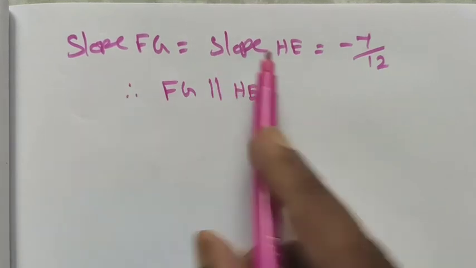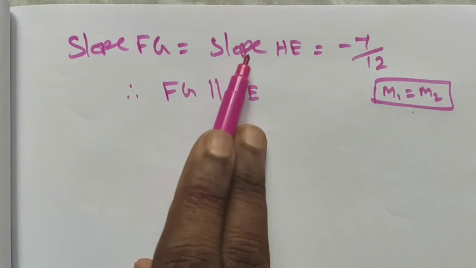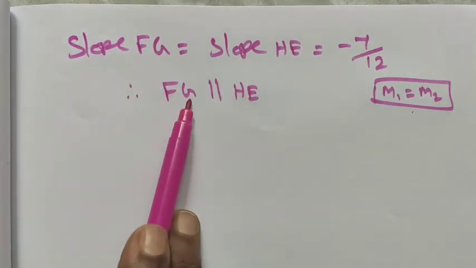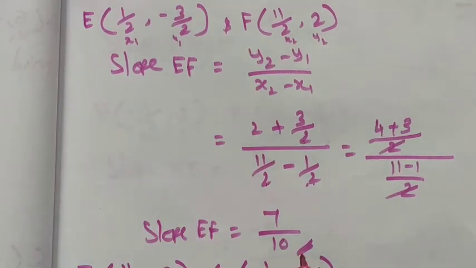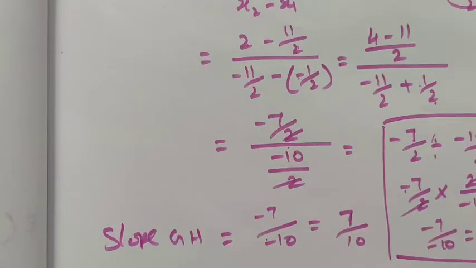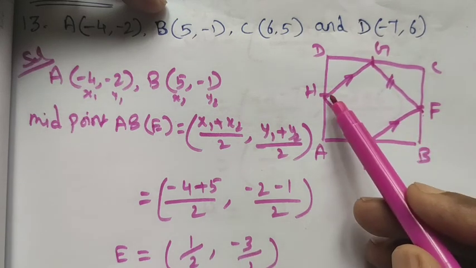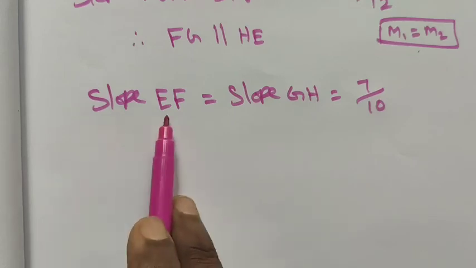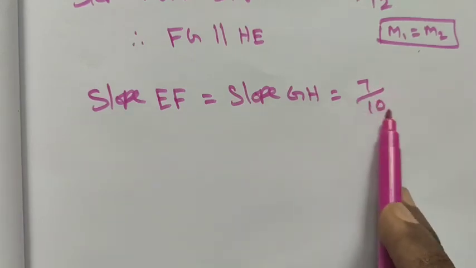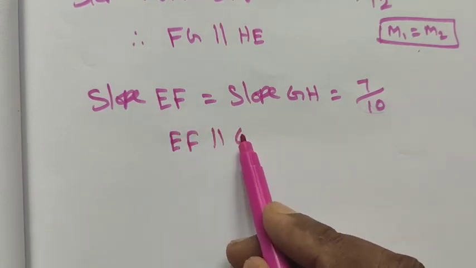When two slopes are equal, we can say the lines are parallel. Next, the slope of EF is 7 divided by 10, and the slope of GH is also 7 divided by 10. By the condition we can say these two lines are parallel. So the line EF is parallel to GH.